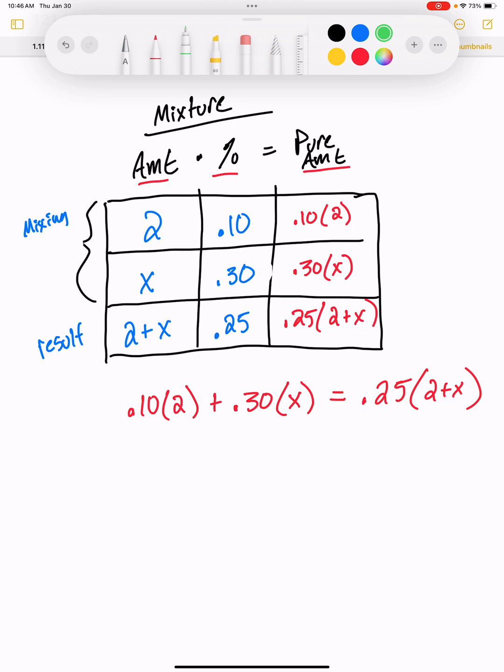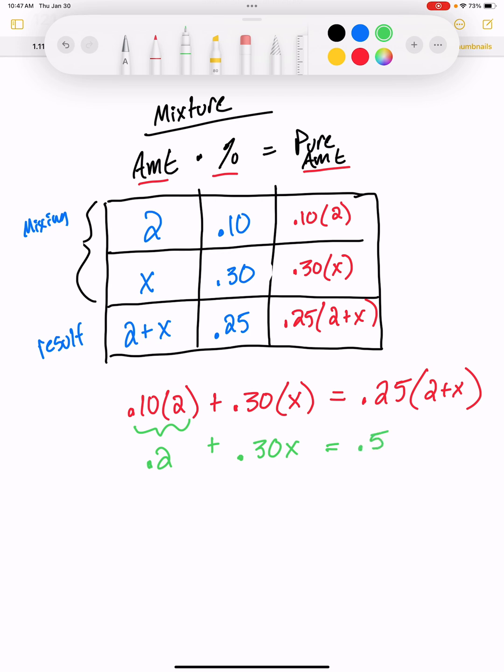Now, 0.10 times 2 is 0.2. Not doing good with this. I should have got that one without even trying. 0.30x equals, all right, 25% of 2 would be 0.5. Boom.